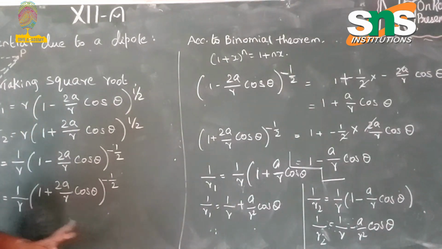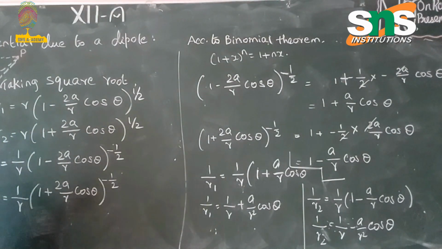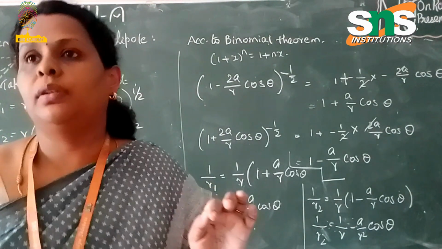Now, according to the formula, we have to do 1 by r1 minus 1 by r2. That's all.